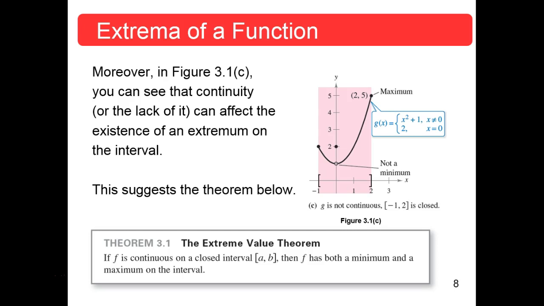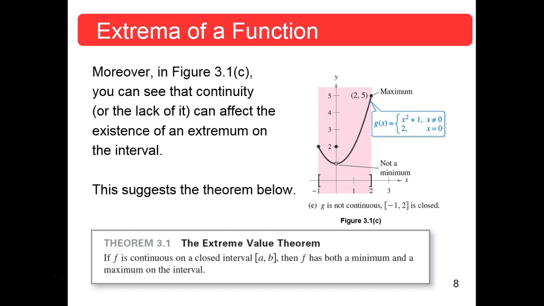If g of x here is redefined, so that at x equals 0, g of 0 has a value of 2, well, that's no longer a continuous function. G is not continuous because it has a hole in it right there and jumps up to here. Now, that's a removable discontinuity, but it is still discontinuous. So since it's discontinuous, you've lost your minimum.